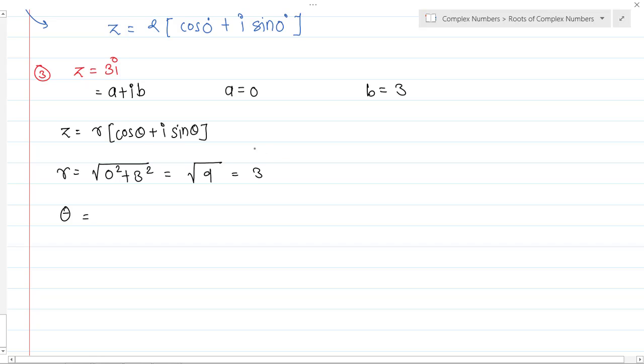Now tell me where this 3i will lie in the complex plane. We have 0 real part, so it will lie on the imaginary axis of z. So this point will be 3.